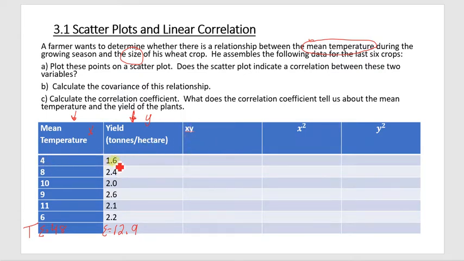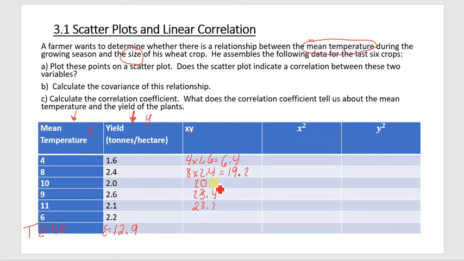Okay, X times Y. What we're actually doing is 4 times 1.6, I get 6.4. In this one we're doing 8 times 2.4, the x value times the y value. For the rest I'm not going to write that out, I'm just going to calculate it. So 19.2, 10 times 2.0, I get 20. 9 times 2.6, I get 23.4. 11 times 2.1, I get 23.1.